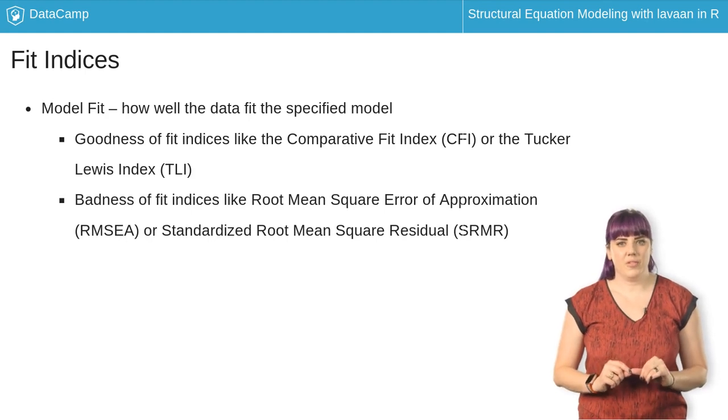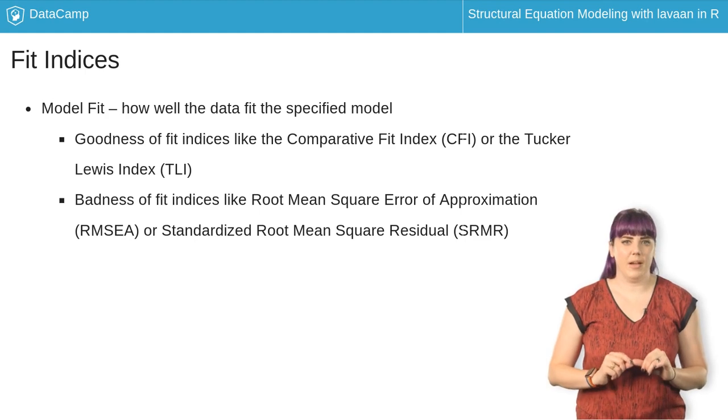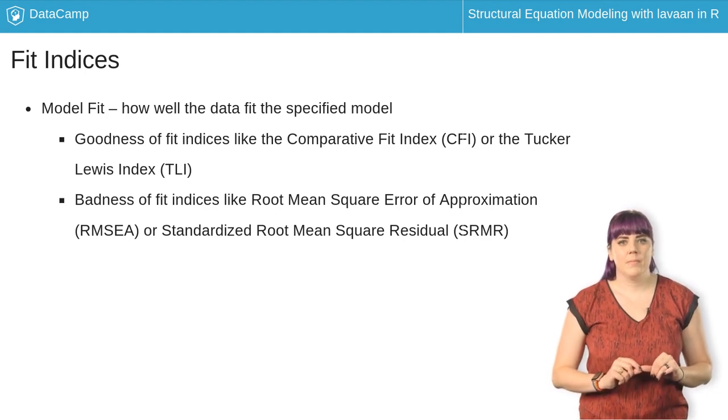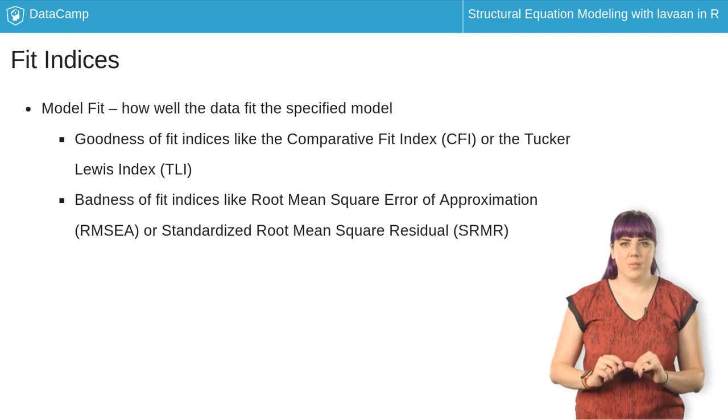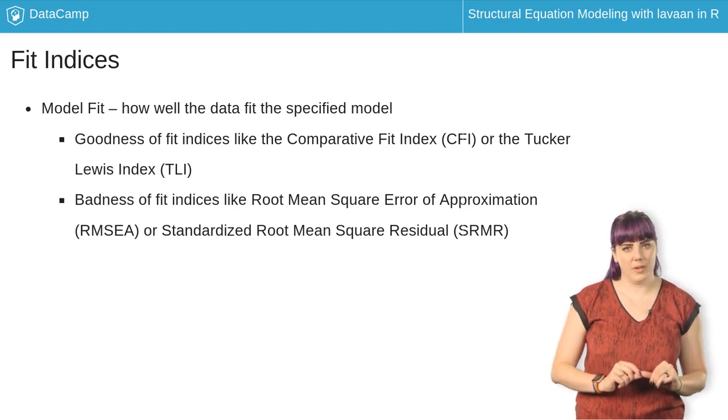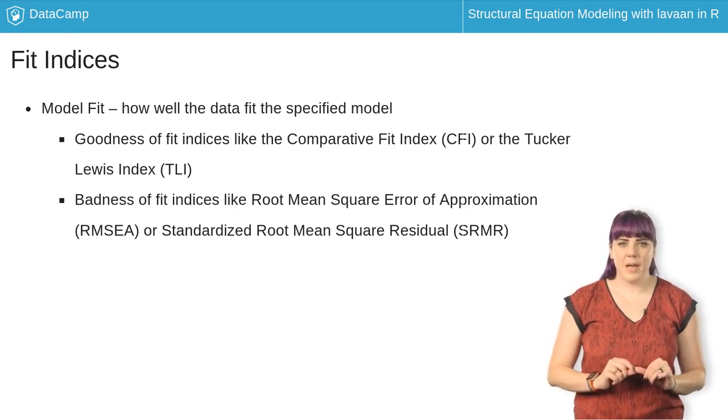For goodness of fit measures, we want these values to be close to 1 and above 0.9, which indicates that our model and the data match nearly identically. For badness of fit measures, we want the values to be very close to 0, usually below 0.1, as they indicate a mismatch of the model and the data.